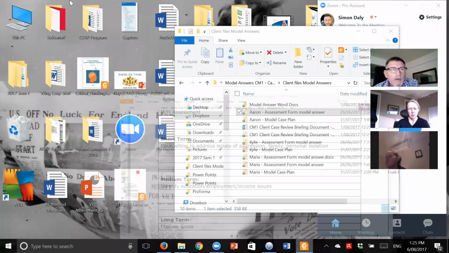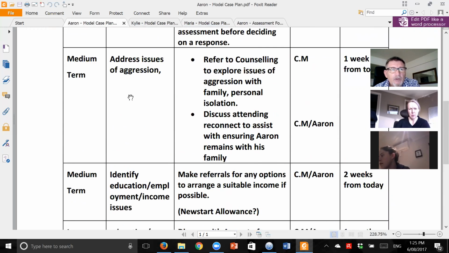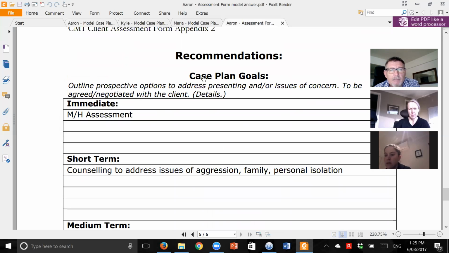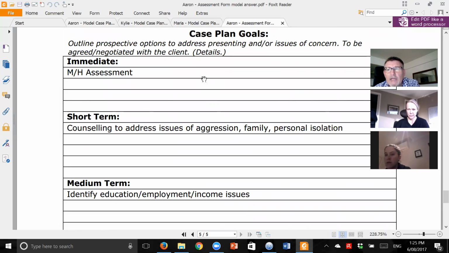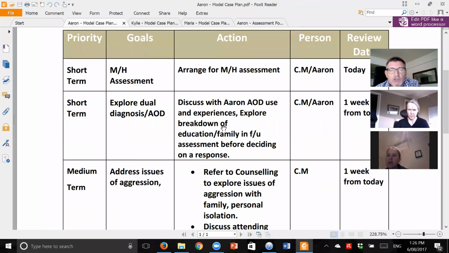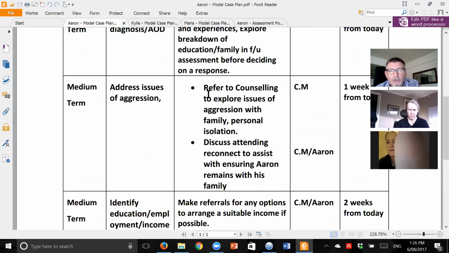So these mental health goals are the same as these case plan goals here, and so they lead on. One leads to the other. The case plan provides a strategy, and the action is the individual actions.